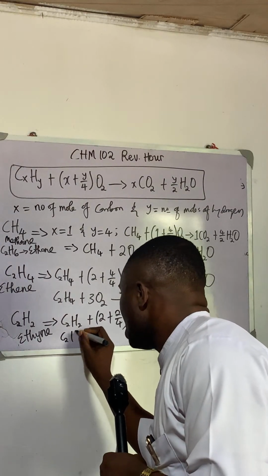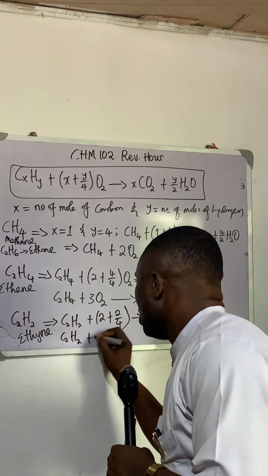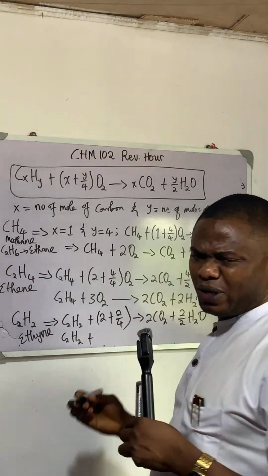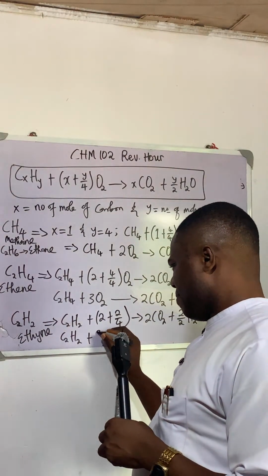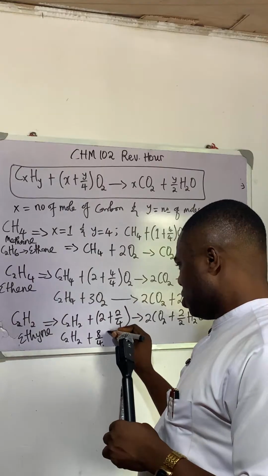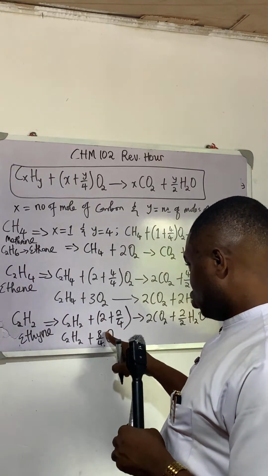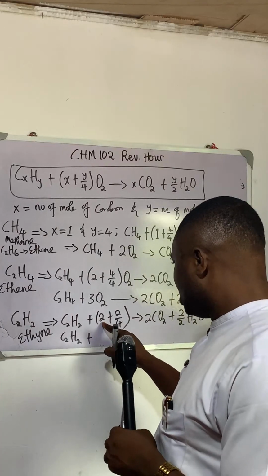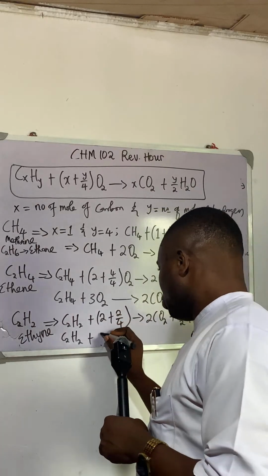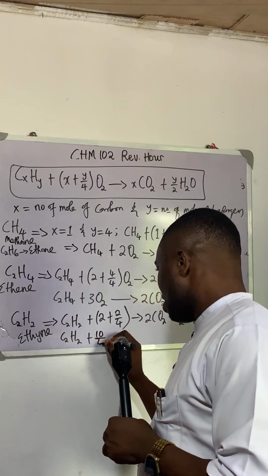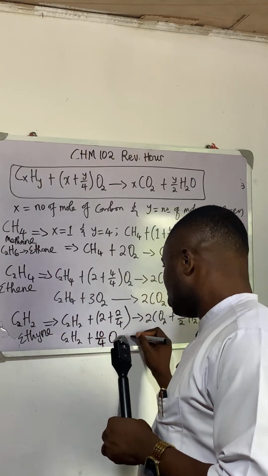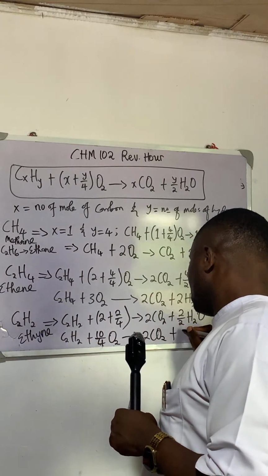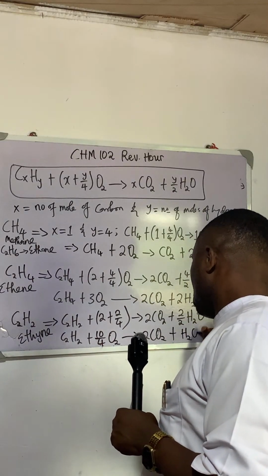Everything here will give you C2H2 plus, find the LCM, 4 times 2 plus 2. 4 times 2 is 8. 8 plus 2 is 10 over 4 of oxygen, giving you 2CO2 plus H2O.